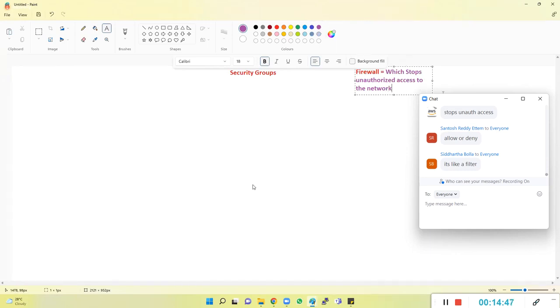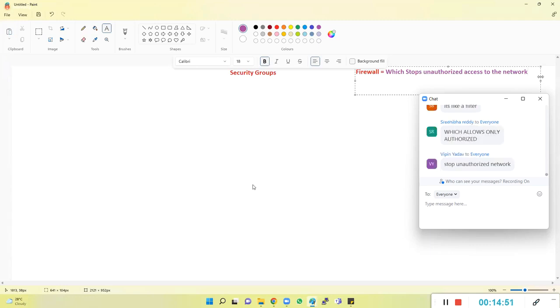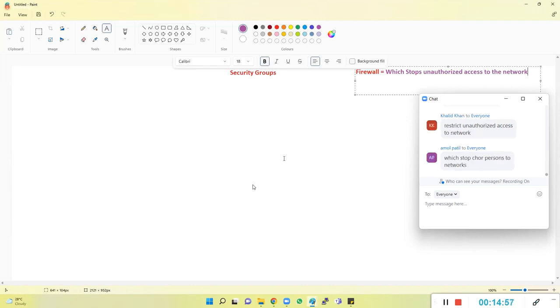Don't call it a filter or a purifier. Don't say like that, guys. You are in the middle of the course, okay? So you have to use the technical words here. That's the reason why I'm writing everything every time. You have to use the same wordings.